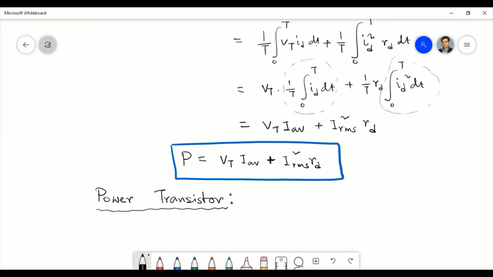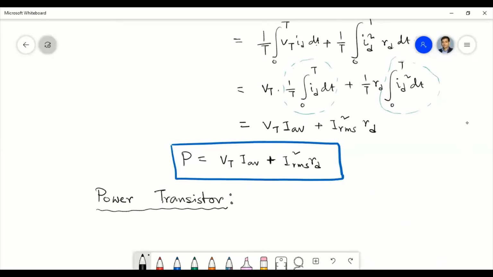So if we summarize the power diode, whatever we have discussed: we discussed the formation of a power diode, the structures which are practically available as a power diode, and the different layers in the power diode.